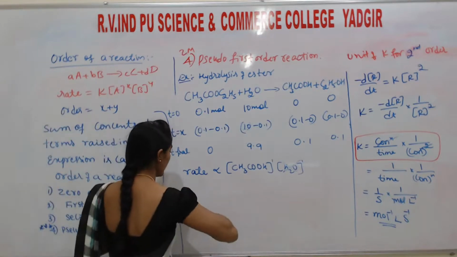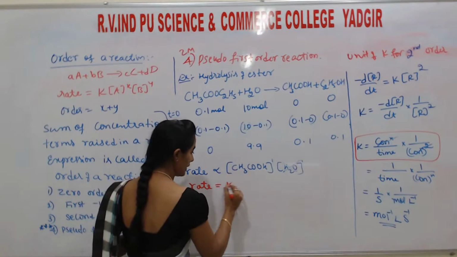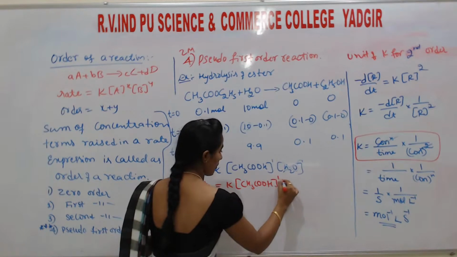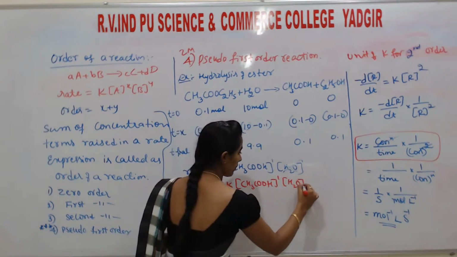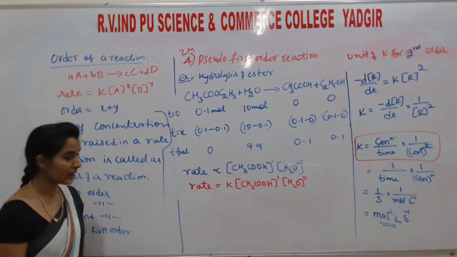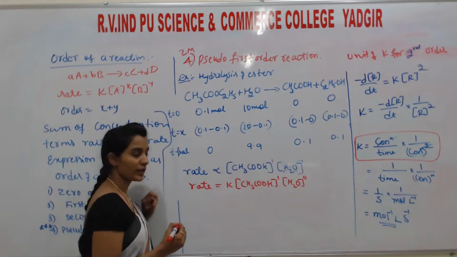Understand? So the rate changes to what? Rate is equal to k times the concentration of CH3COOC2H5 to the power 1 and H2O to the power 0. Understand? So here, what is the definition of a pseudo first order reaction?